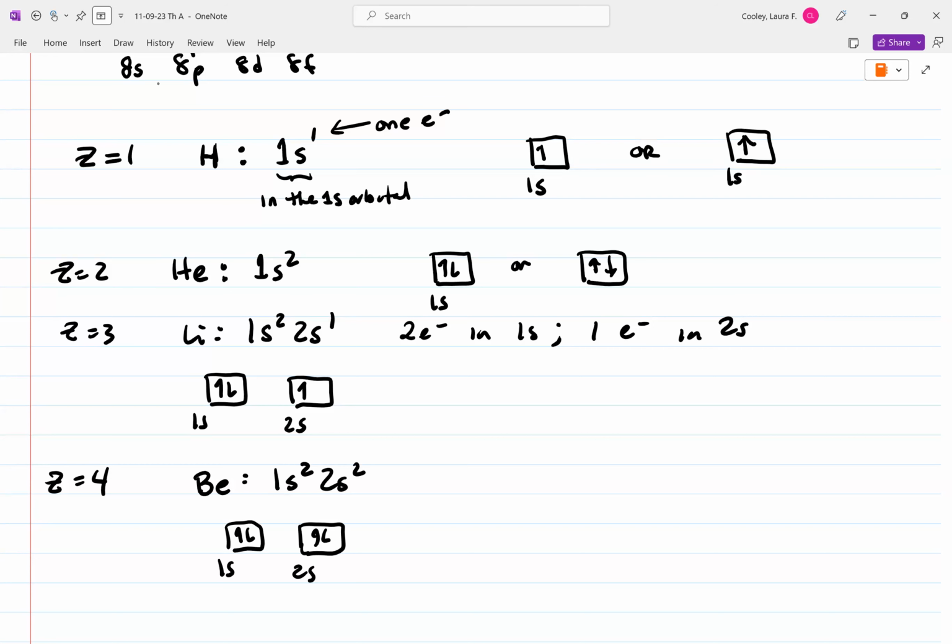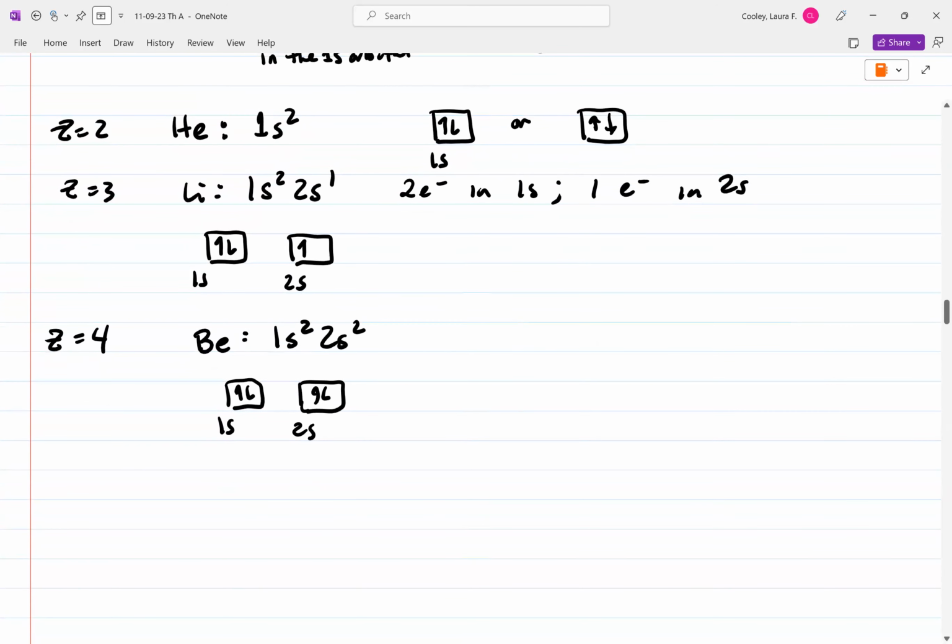Okay, the next one is boron. So go ahead and do boron. Boron is Z equals 5. And this handout, I hope I gave it out right. Yes, it's in the packet that has the orbitals on the front.